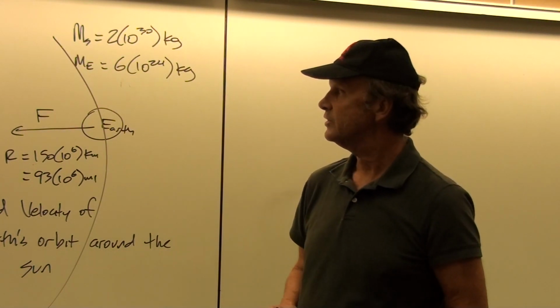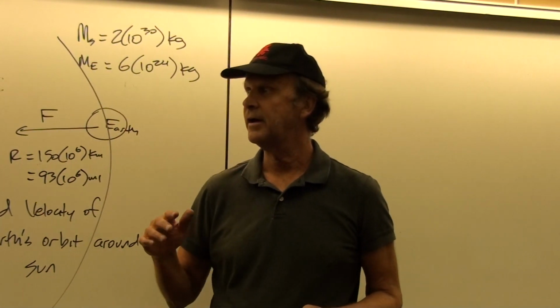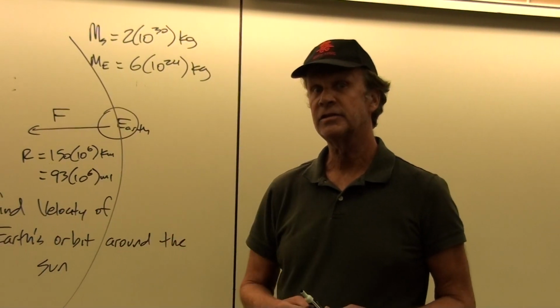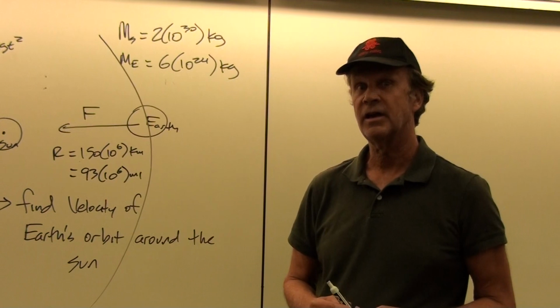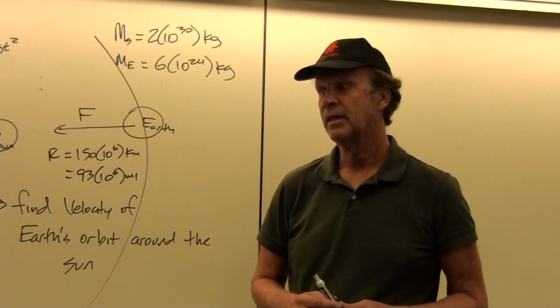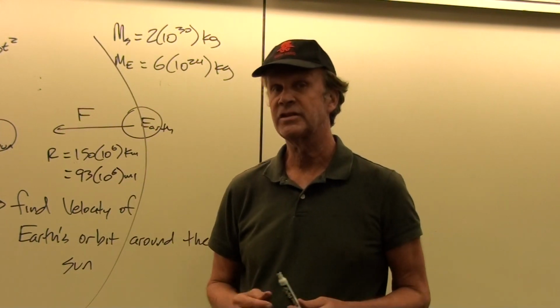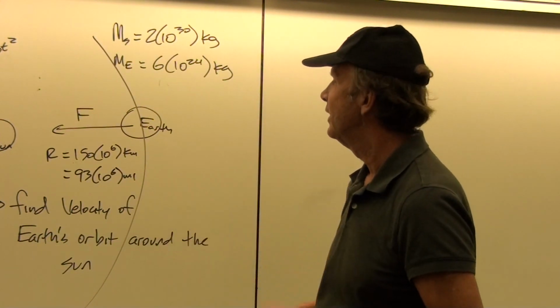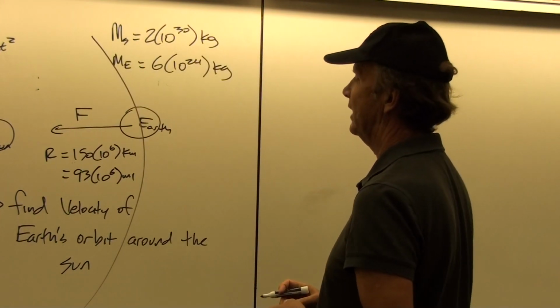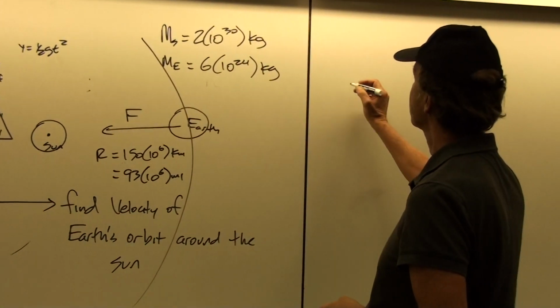When it's at its closest point of approach, it's about 91 million miles away. When it's at its farthest distance away, which is around the 4th of July, it's 95 million miles away. And so that averages out to 93, which is the number that we'll use here, because it doesn't vary that much from a perfectly circular orbit.